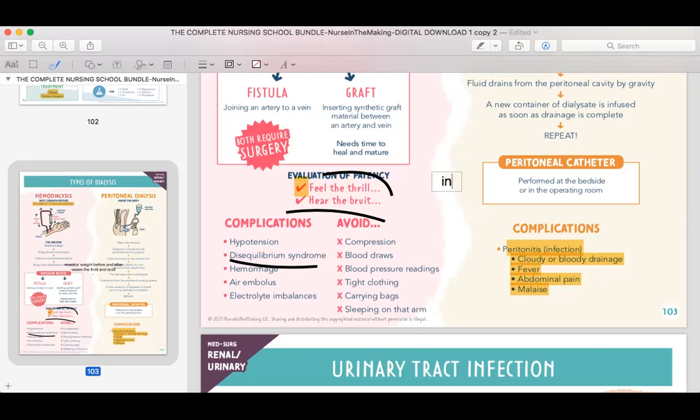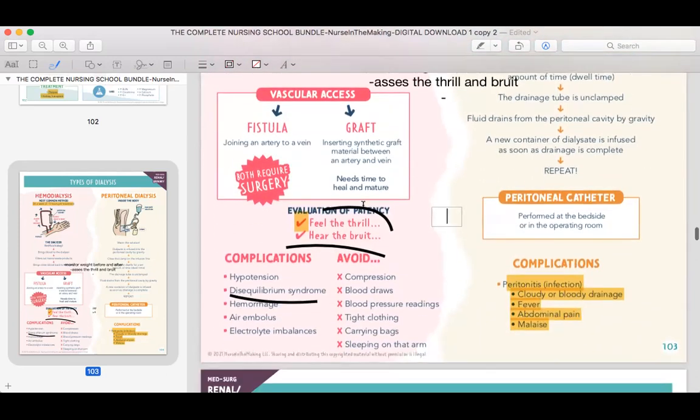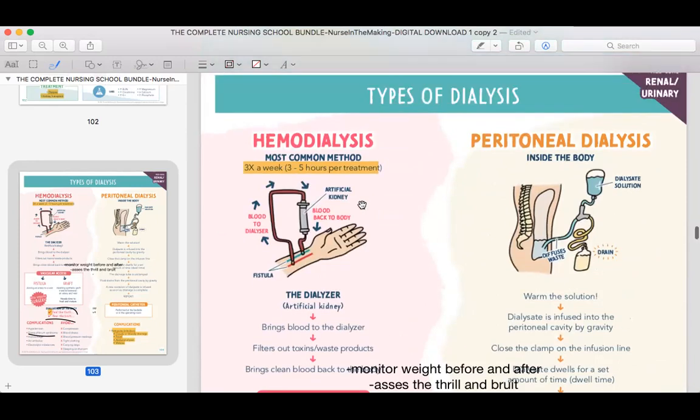In conjunction with hemodialysis, we do give patients IV heparin to prevent clotting.